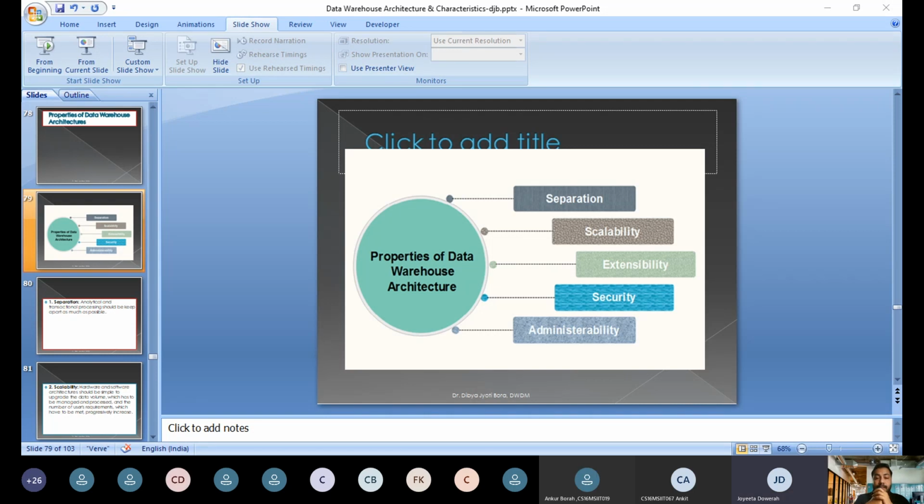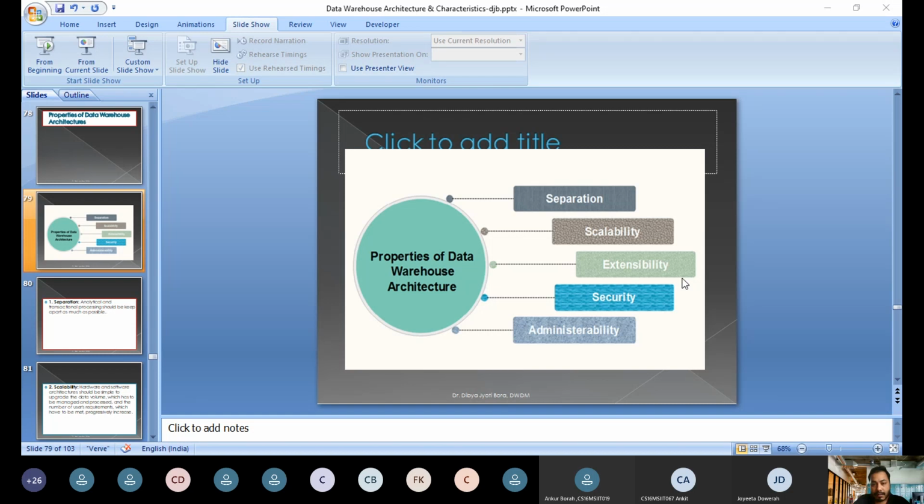Sir, the diagram is not visible. Sir, here it's showing the properties of data warehouse architecture. I think it is a network problem or whatever it is, because I'm just showing you the diagram in the slide.